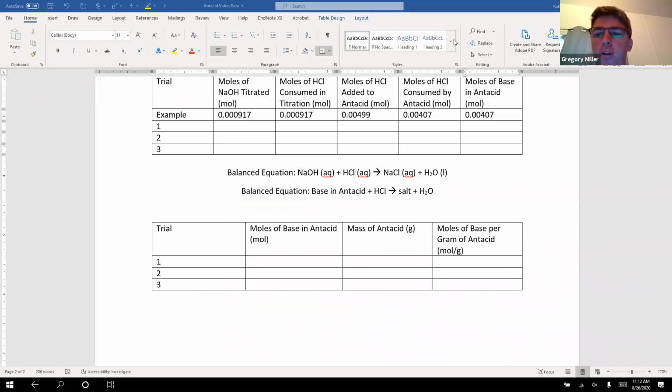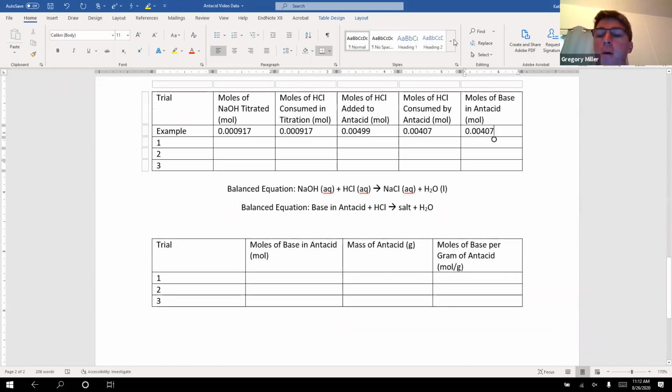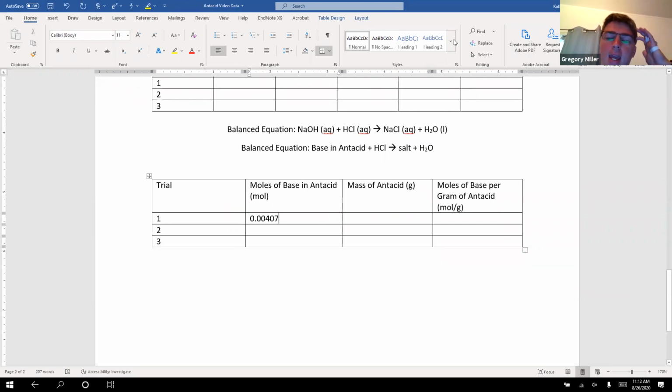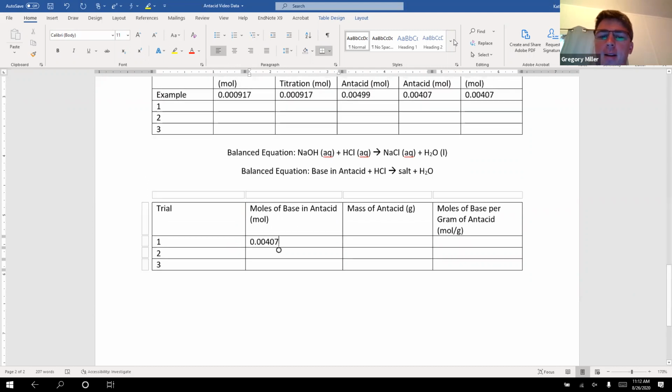So we now have our moles of base in the antacid. But if you remember back from the video, that was a powder, it was ground up, it was part of an antacid tablet. We want to figure out what's in the entire antacid tablet, but they vary a little bit in the exact moles because their size varies.